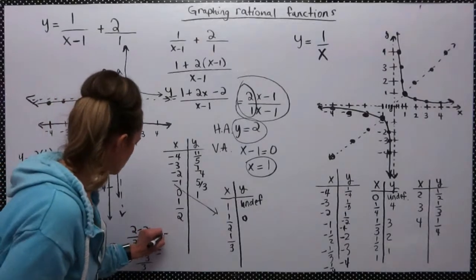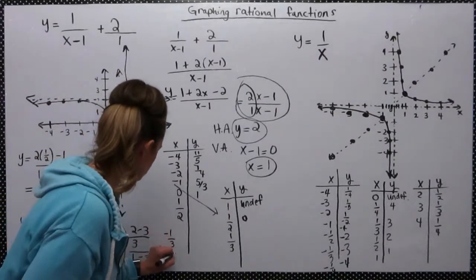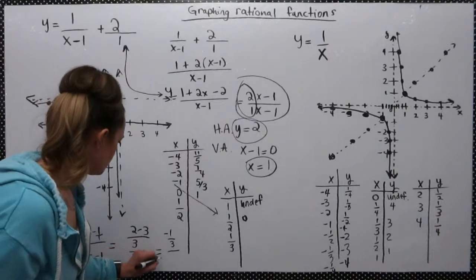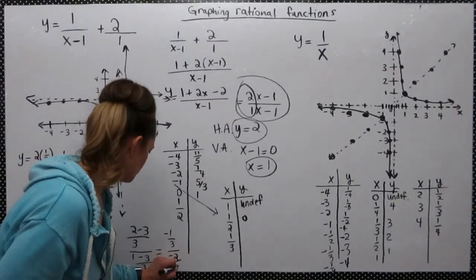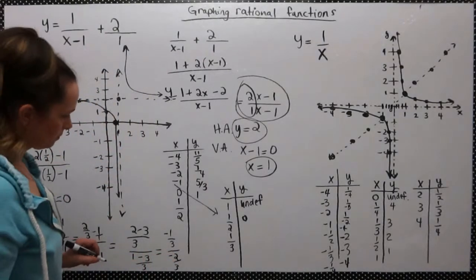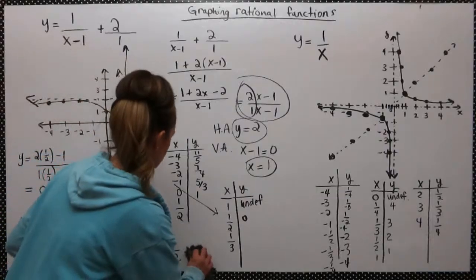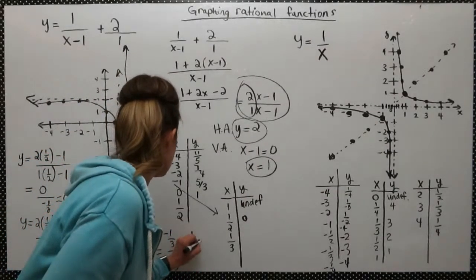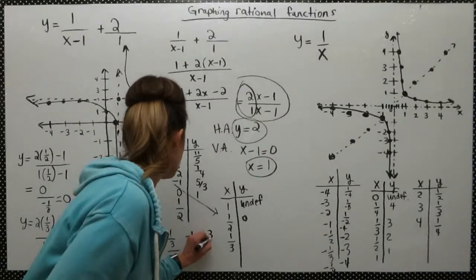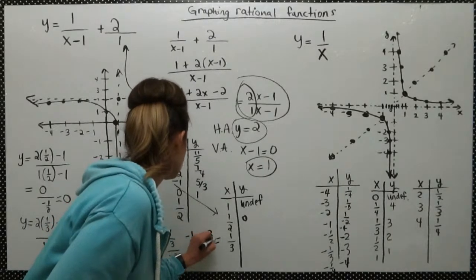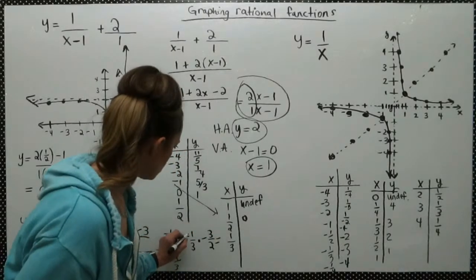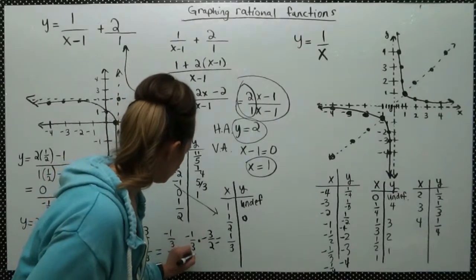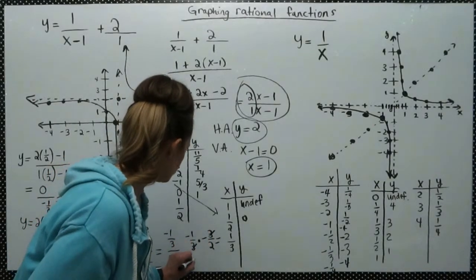So that's going to be -1 over 3 divided by -2 over 3. Ooh, that is ugly. We'll finish it. So -1/3 times -3 over 2. And that's going to give me a positive 1/2.